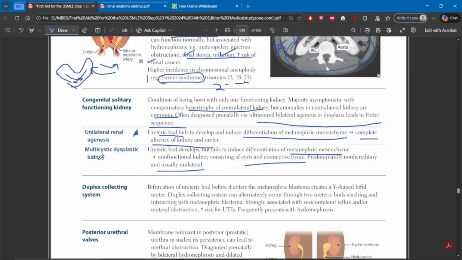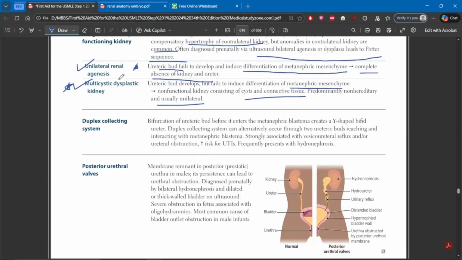So the problem is the same: there is lack of differentiation and signaling towards the metanephric mesenchyme, but in this scenario the ureteric bud is actually developing, whereas in the previous scenario it was absent. That is the difference. If there is a ureteric bud and there is no differentiation of metanephric mesenchyme, it is going to result in multicystic dysplastic kidney.